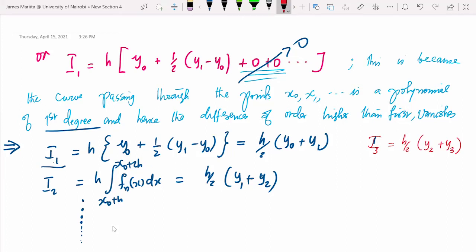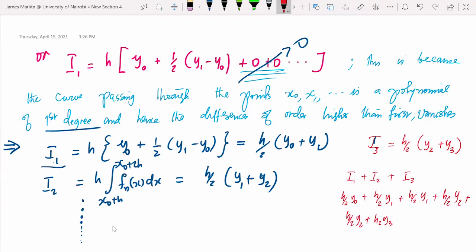So if we are adding, for example, I1 plus I2 plus say I3, we will have H over 2 Y naught plus H over 2 Y1 plus H over 2 Y1 plus H over 2 Y2 plus H over 2 Y2 plus H over 2 Y3.